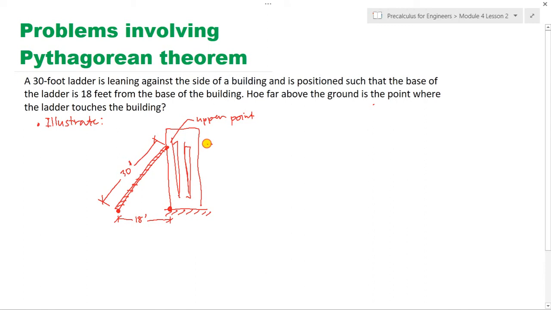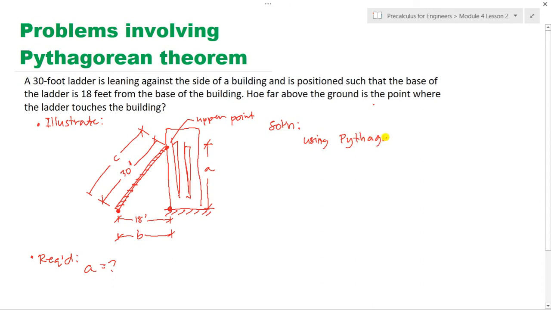Therefore, this height right here, let's just represent as A. And then this one is our B, because it's the other side for the Pythagorean theorem. And of course, this is the hypotenuse represented by C. So by using the Pythagorean theorem, what is required, or what is asked in the problem, is the A. Solution using the Pythagorean theorem.